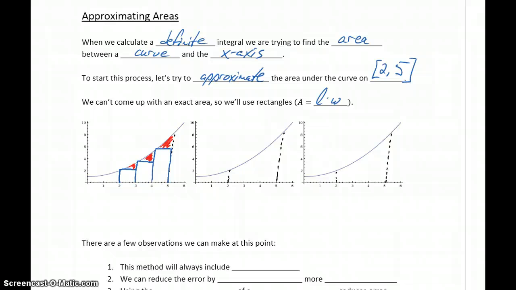If we look at using the right endpoint method, now 3 is the right endpoint for that first interval, 4 is the right endpoint for the second interval, and 5 is the right endpoint for the third interval. And then again, we can close off these rectangular regions. So here, again, we've got an over approximation.